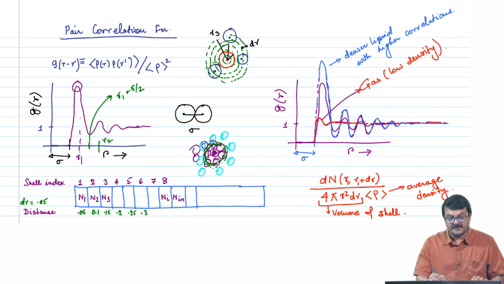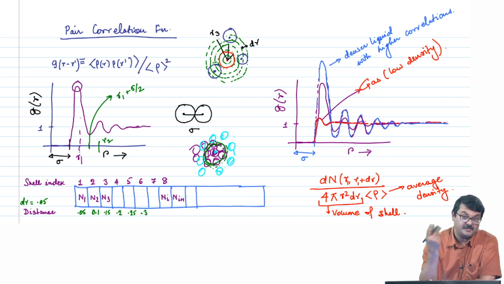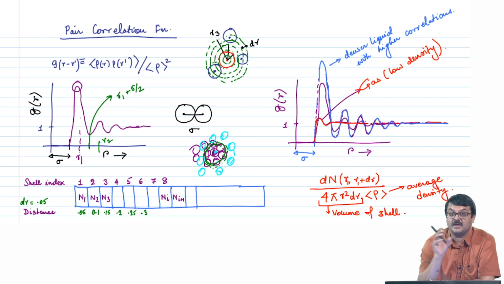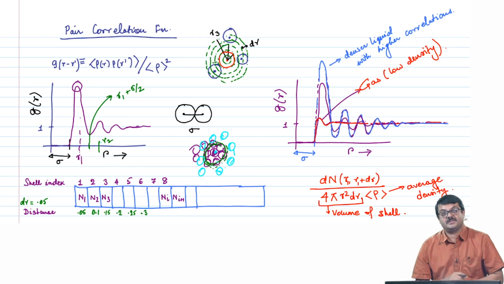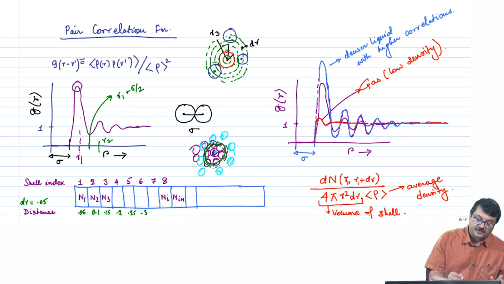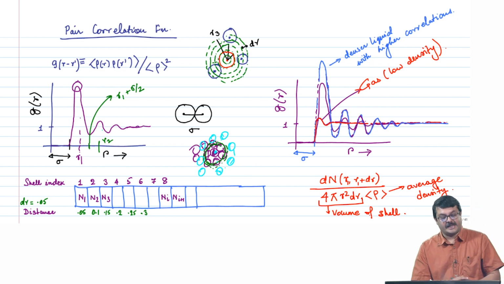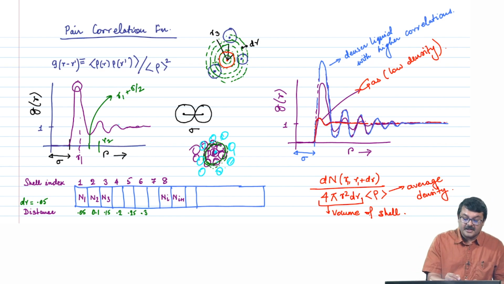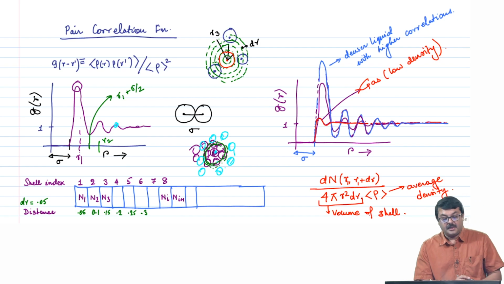For this particle, this would be the first range of neighbors, but for this particle, this is the second range of neighbors. You will find a large number of particles around distance r2. Of course, they are going to move around, they are going to fluctuate their position in space, and for that you will see a peak. Similarly, this peak, if you have one, then it corresponds to a third range of neighbors.